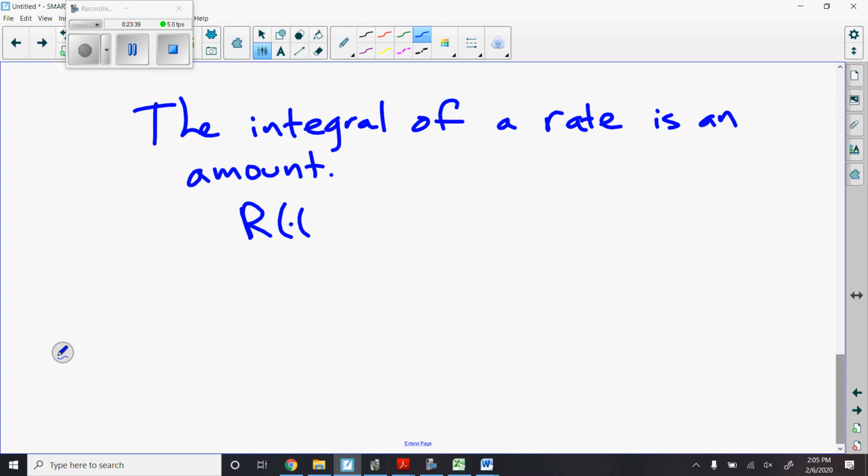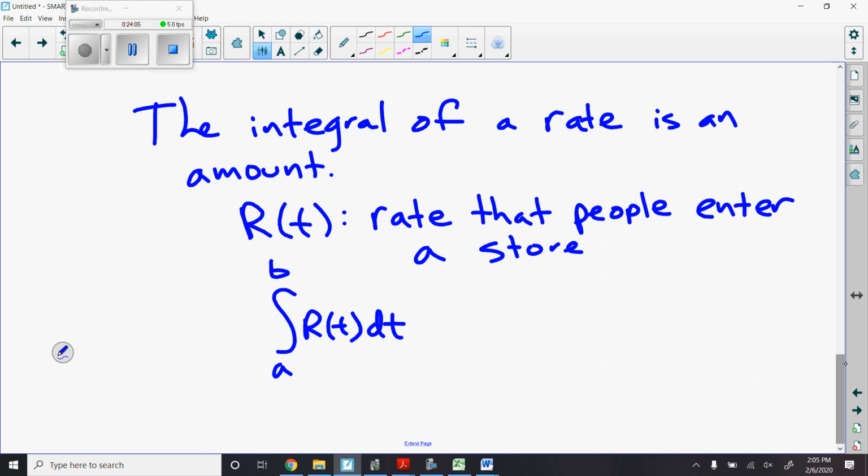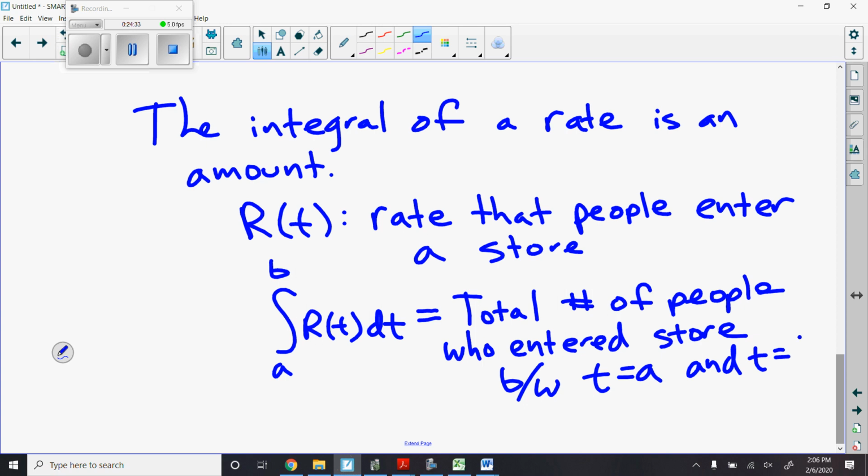So if R of t is the rate that people enter a store, then the integral from a to b of R of t dt will be the total number of people who entered the store between time A and time B. Because again, the rate that people enter the store might be people per minute or people per hour.